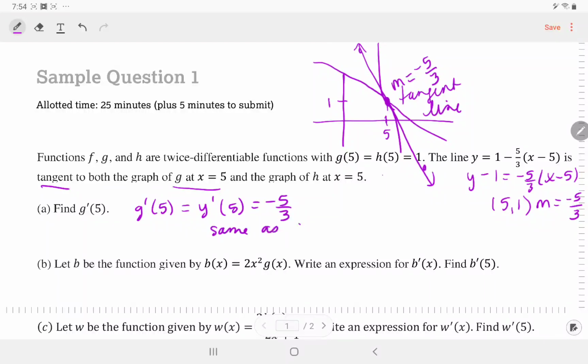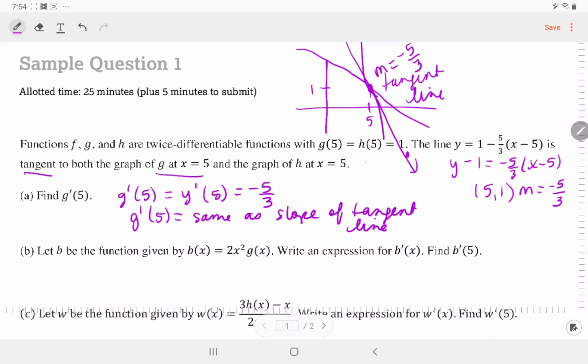Same as slope of tangent line. So G prime of 5 is the same slope of the tangent line at x equals 5.